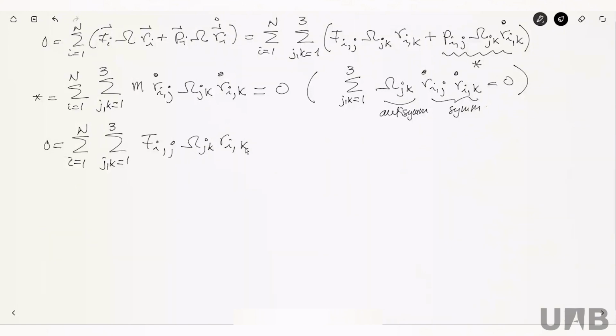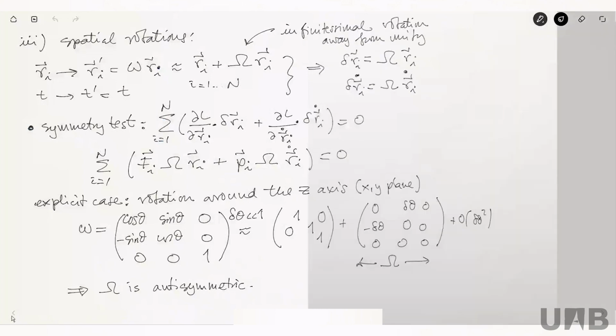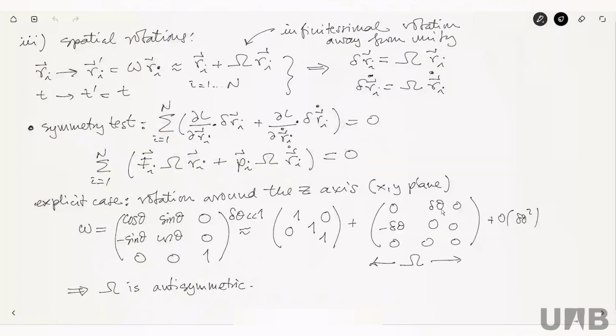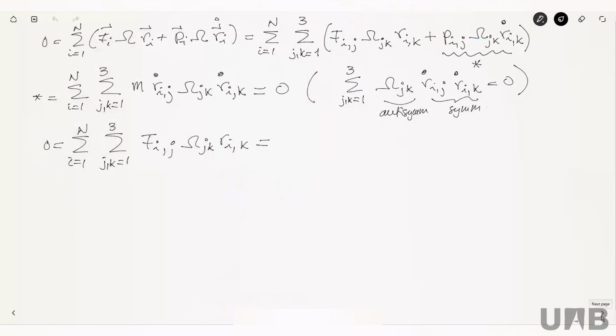Okay? Now, let us compute this thing with the matrix that we had here. So with the particular example that we had, exactly with this one, with delta theta in the off-diagonal submatrix of the first 2 entries. If you make this calculation explicit, what you find is the sum from 1 up to n. Delta theta factors out because it has no index.